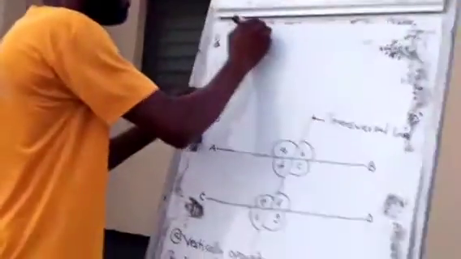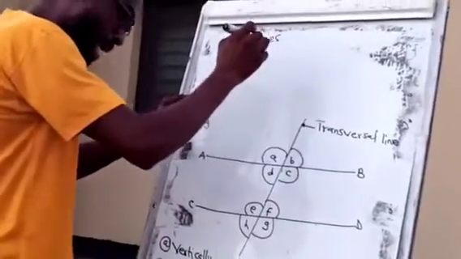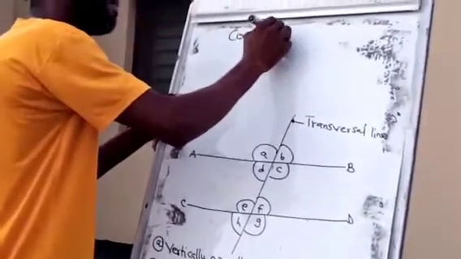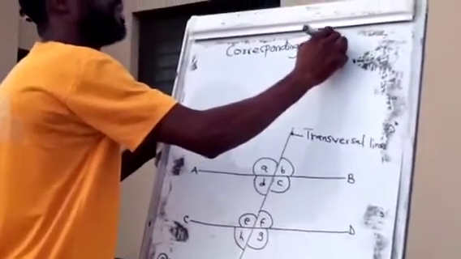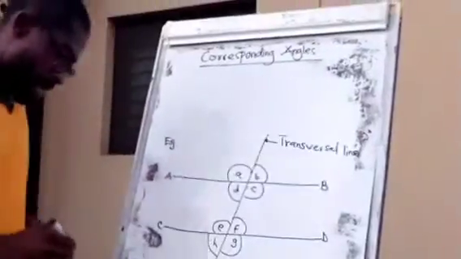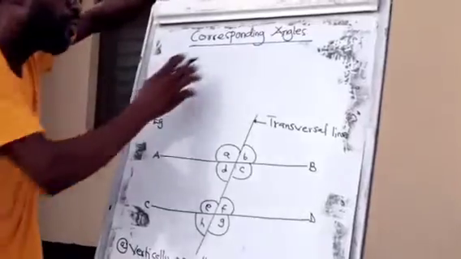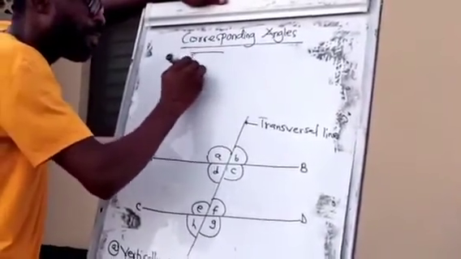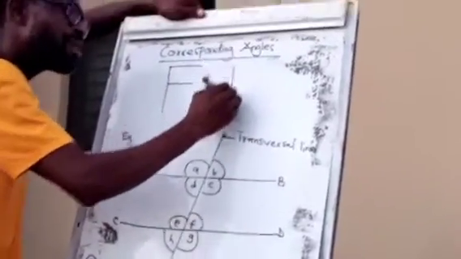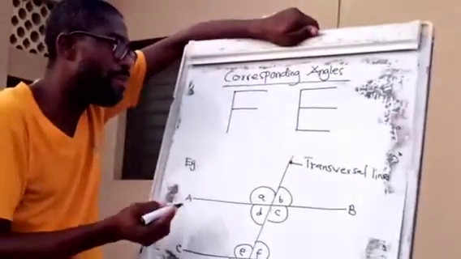Corresponding angles. Now with the corresponding angles, they are usually formed from the symbol of F, or some will also say from the symbol of E. So how do we identify them?